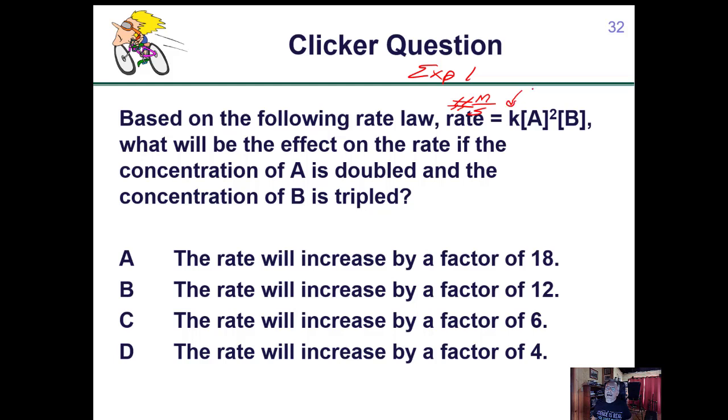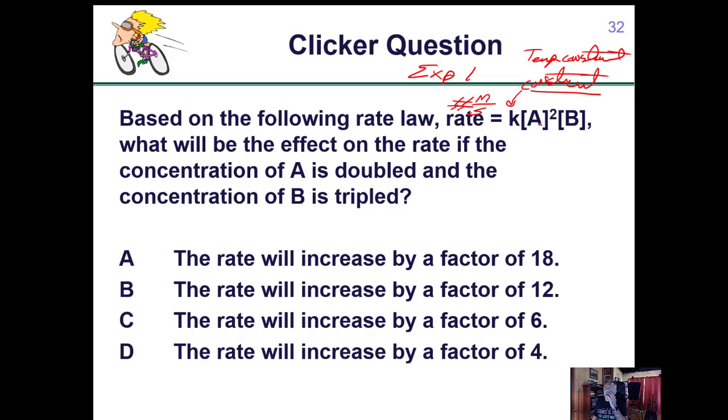This is a constant. This is the rate constant. That rate constant is experimentally determined, and it's a constant. So it doesn't change as long as we don't change the temperature. So the rate constant is the same as long as the temperature is constant, and we'll get to that a little bit later on.